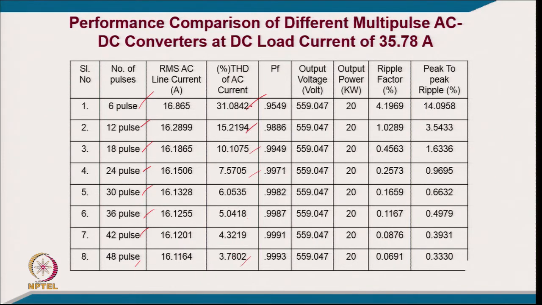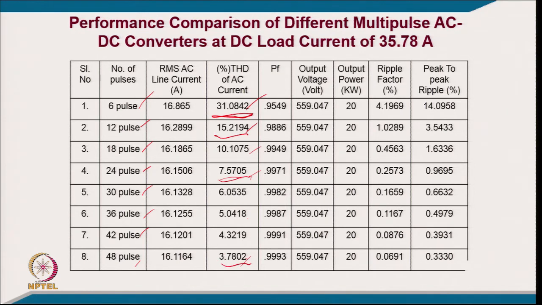Initially you will find drastic reduction, but after that it is not causing that much reduction. But one thing you will observe: 6 to 12 and 12 to 24 will be further half and half, and 24 to 48 further half. So there is a typical relation: 6 to 12 is half of this, from 12 to 24 further half, and from 24 to 48 you will find further half.